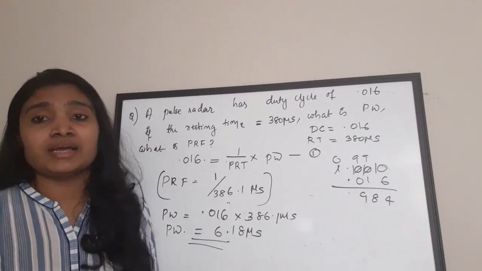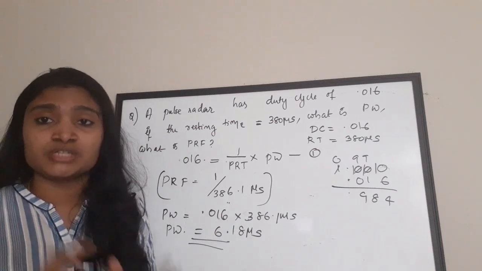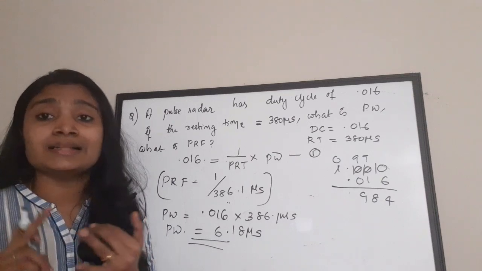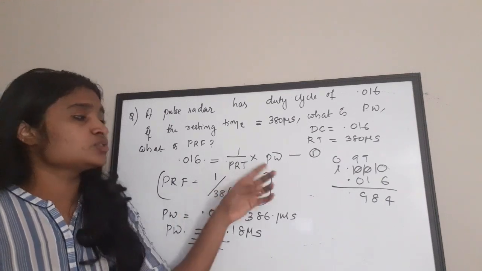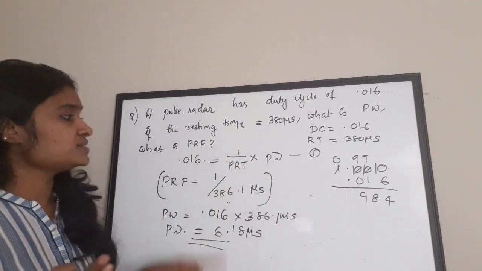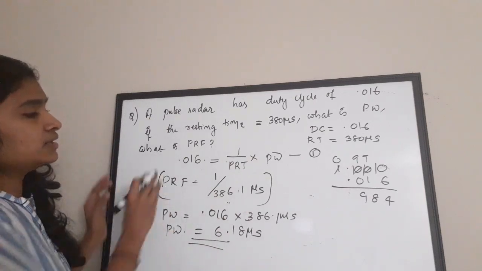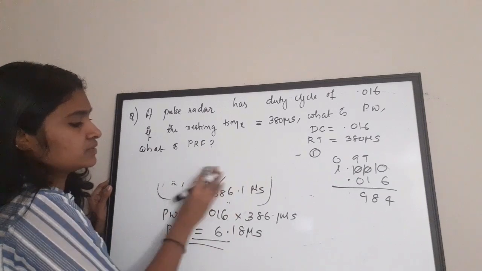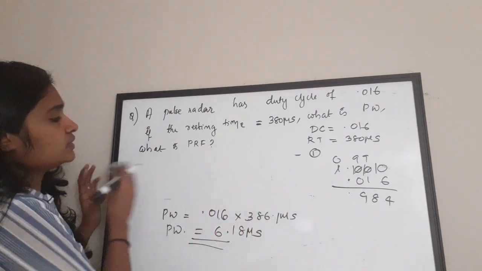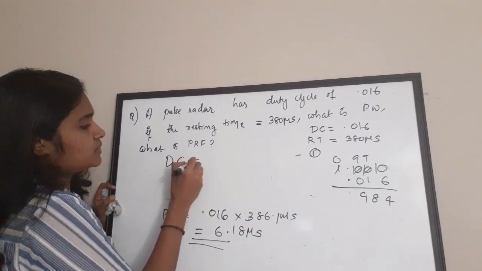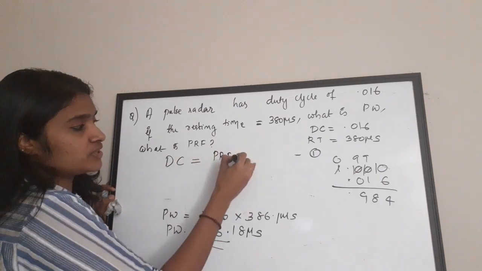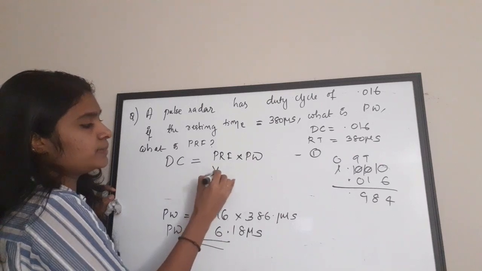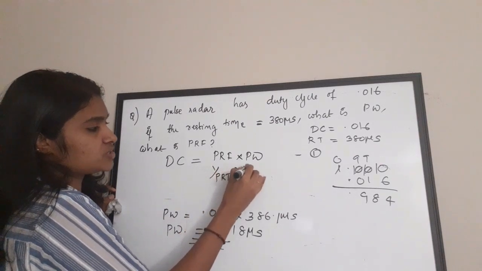So you need to actually study the relations between pulse repetition frequency, pulse repetition time, resting time and duty cycle, and also pulse width. So the equations are, I'll write it once again: duty cycle is equal to PRF or pulse repetition frequency into pulse width, or 1 by PRT into pulse width.